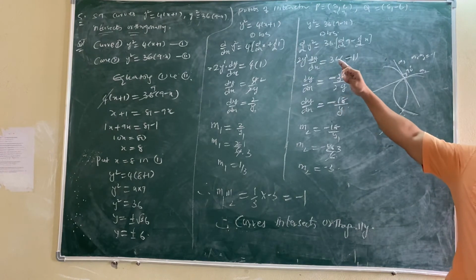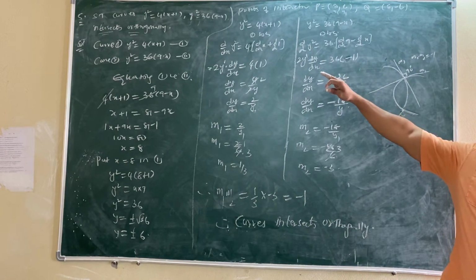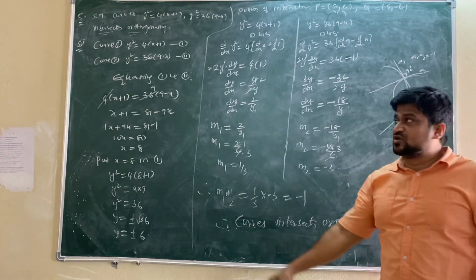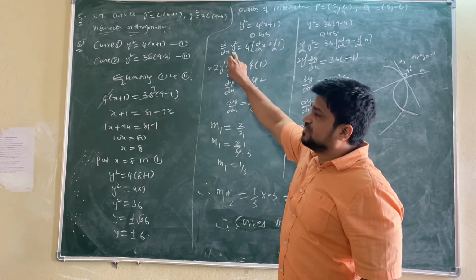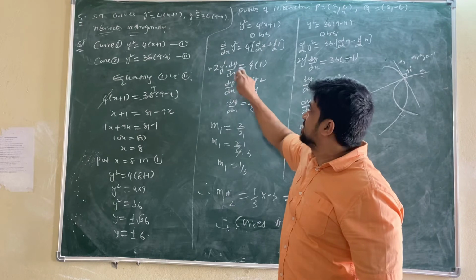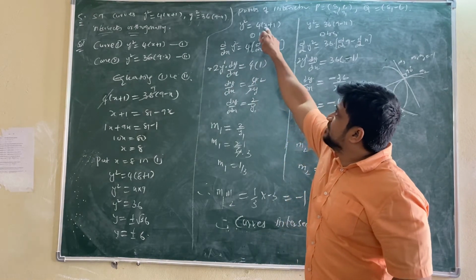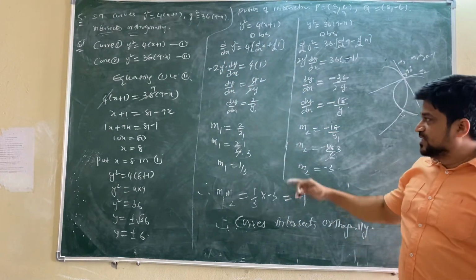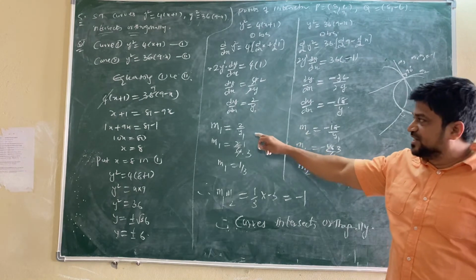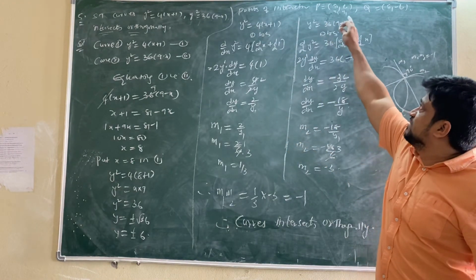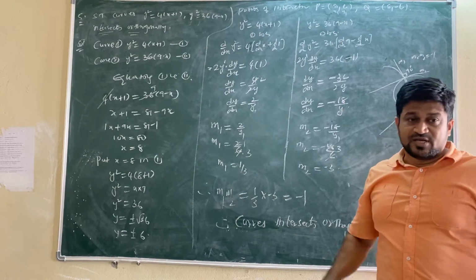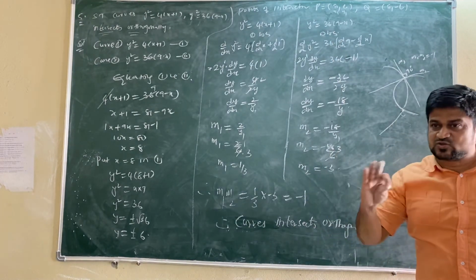Then, for y square, first slope, differentiating both sides. While differentiating you have to remember, it is x power n into x power n minus 1 into whatever we are treating as x, dy by dx. Then differentiating the right side, in bracket, constant outside. Then we got m1. Whenever you get any value of m1, 2 by y1, where is that y1? Point P is x1, y1, so y1 we can substitute. In the previous question, the y1 value is not given to us.